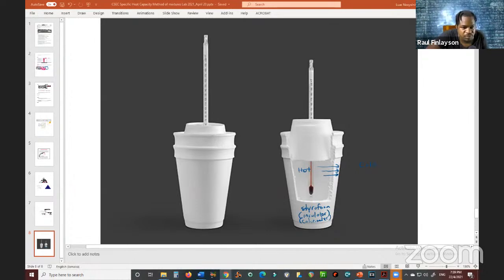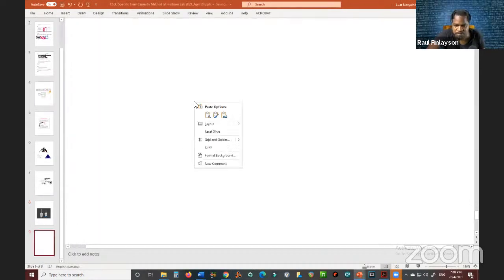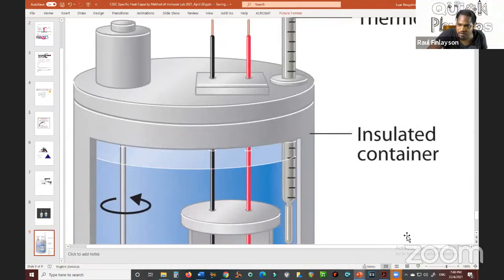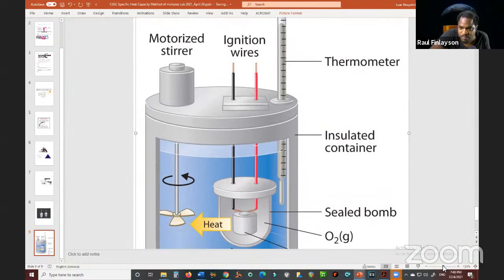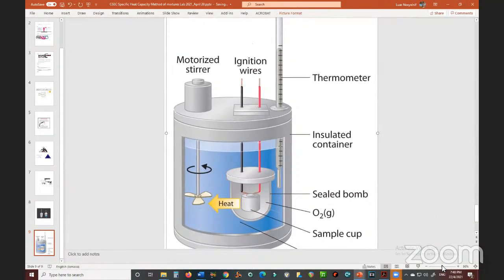Well, let me show you this then, because the styrofoam cup is just a step down version. Let me give a new slide here and show you this now. Everybody seeing this?